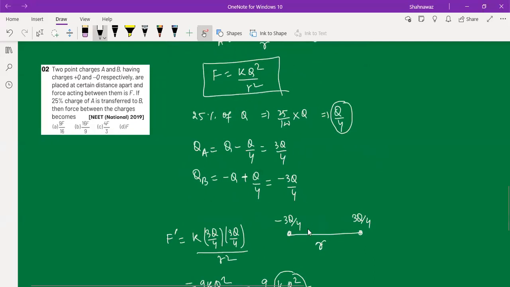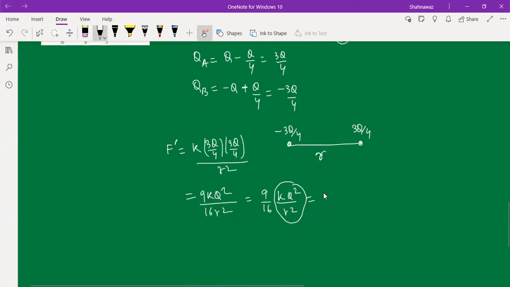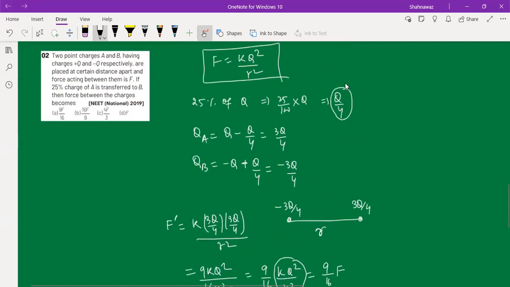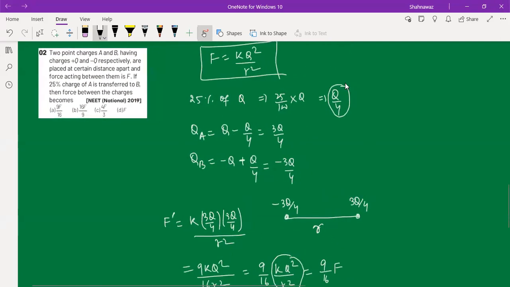So when we plug this value, your new force is 9 by 16F. Any doubt in this question? No, sir. Please note this down, and then we will learn about equilibrium.